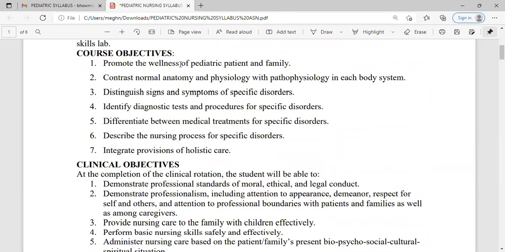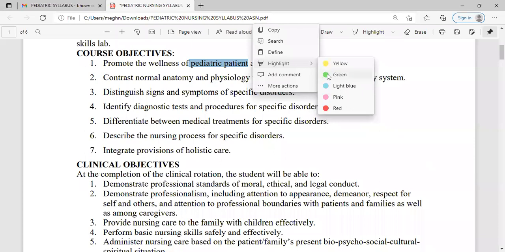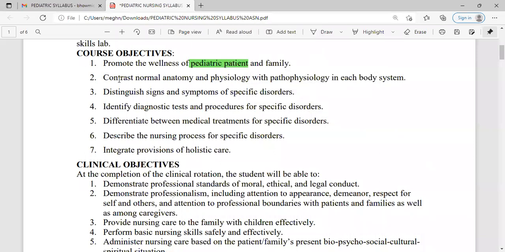Promote the wellness of pediatric patients. Pediatrics means child, right? Infant to adolescents and their family. Contrast normal anatomy and physiology with pathophysiology in each body system.